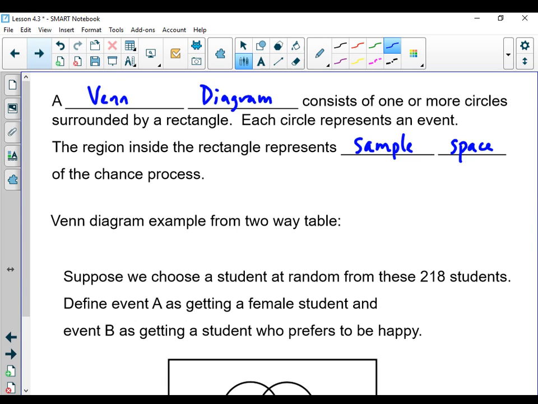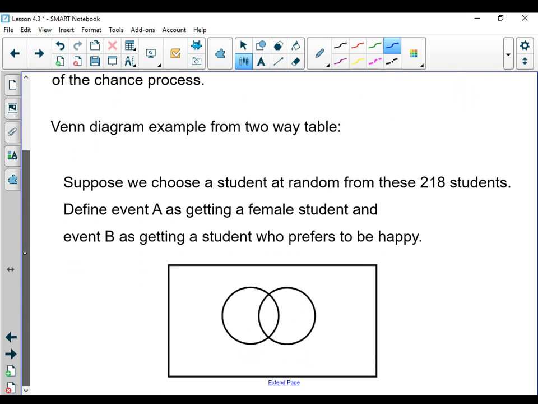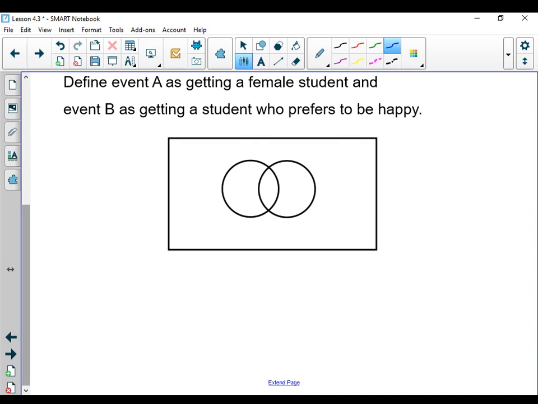All right, well, let's take that example that we did earlier, and we're going to put it into a Venn diagram. So this is going back to the one that talked about getting a female student, getting a student who prefers to be happy. And we said we're going to call event A, remember, getting a female student, and event B as getting a student who prefers to be happy.